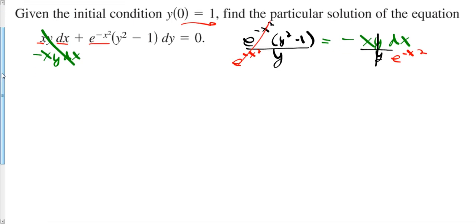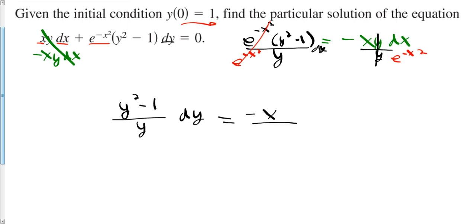We have y squared minus 1, oops, I left out a dy here, by the way, dy over y, equal to negative x over e to the negative x squared dx. So we just pulled the dx to the side and dealt with it that way.